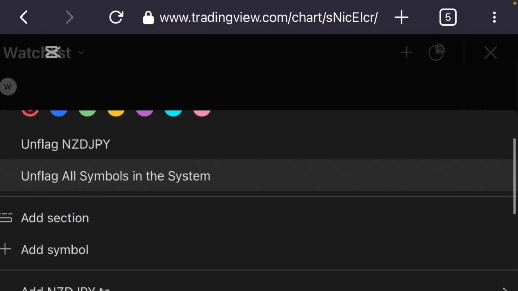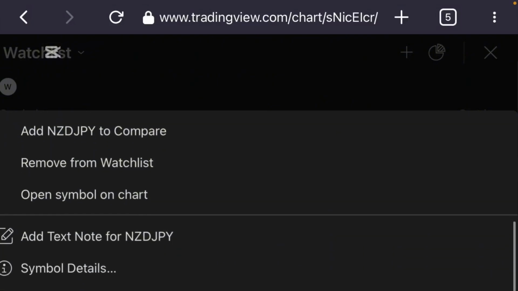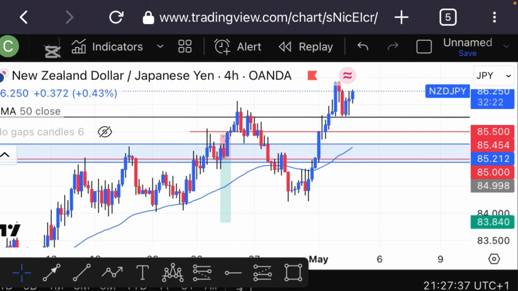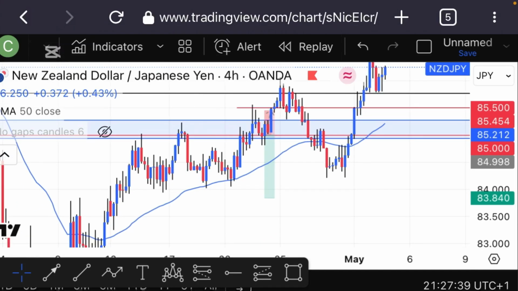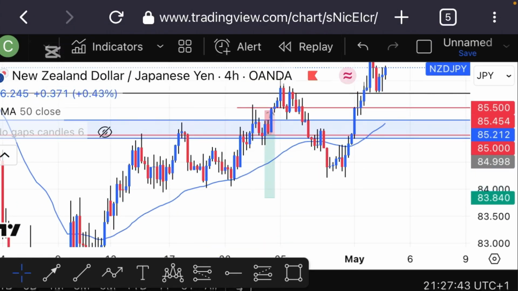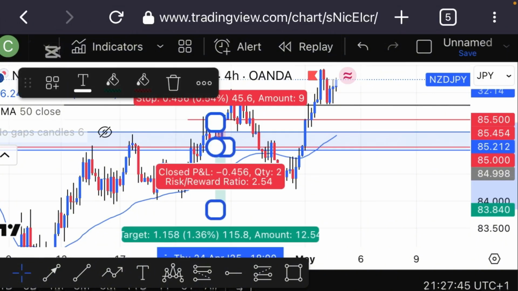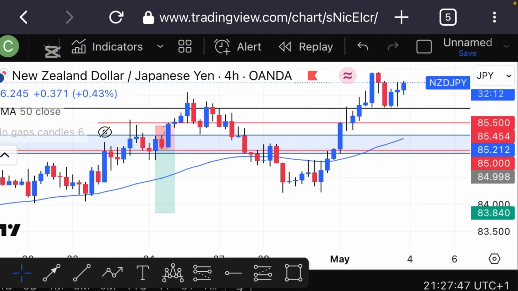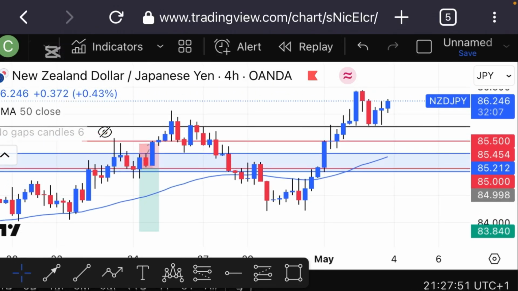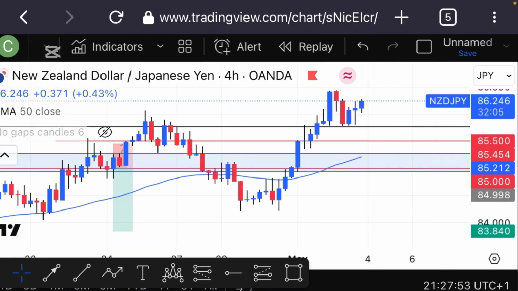So which market did I analyze? NZD JPY. I was interested in sells. This was last week when I entered. I lost because I was wrong about the direction at that point.